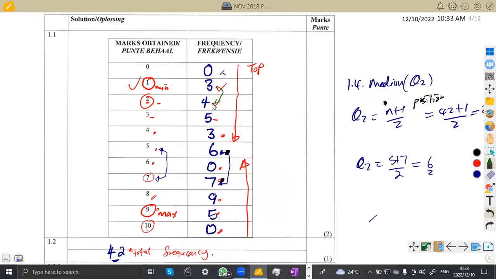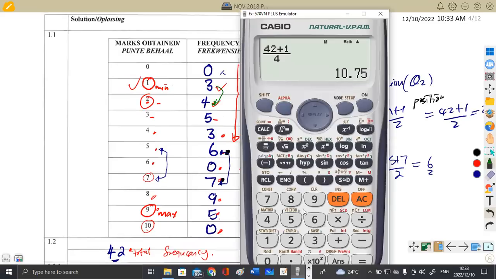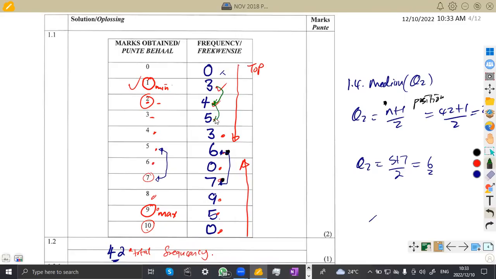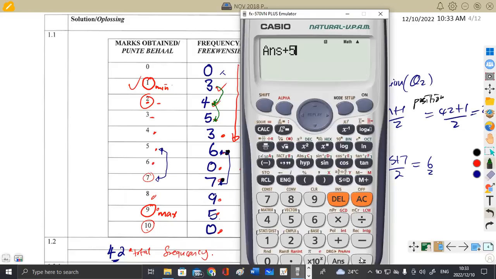If we add 3 and 4, that's a 7, which is still less than 10.75. We add the next value, which is 5, and that's 12. As you can see, 12 is greater than 10.75.